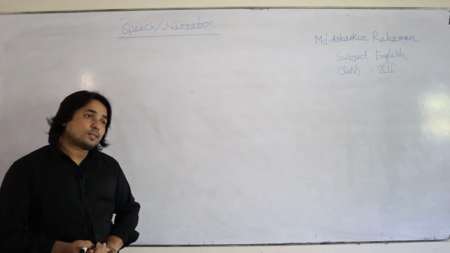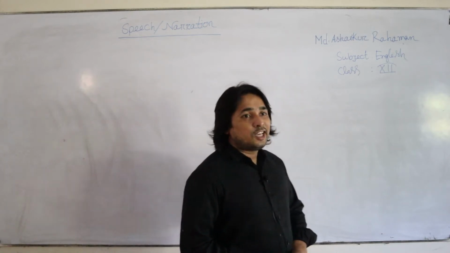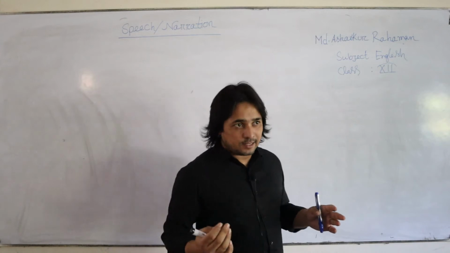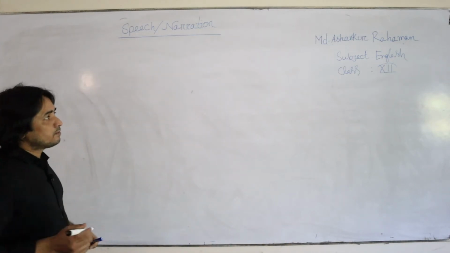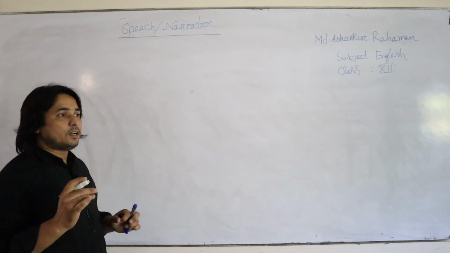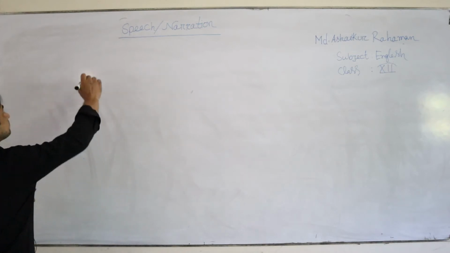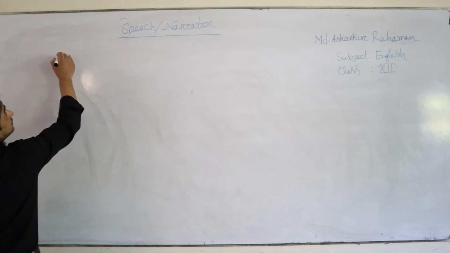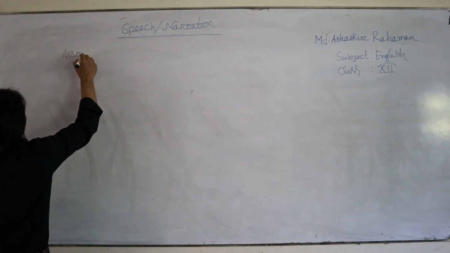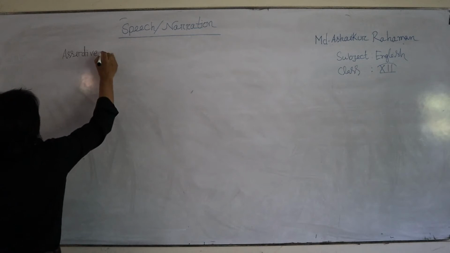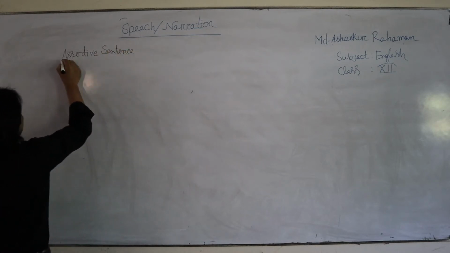So I'm going to start today's class by showing the rules for how we can change an assertive sentence from direct to indirect. At first, I'm going to write down the rule or structure. Look at the board, please. First, I'm writing the name of the sentence: assertive sentence.